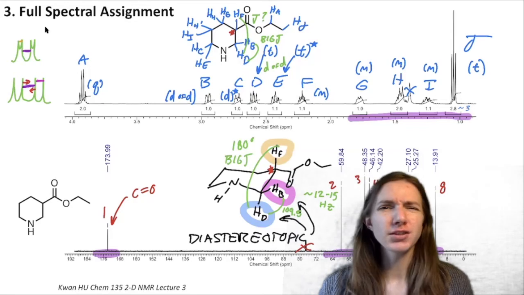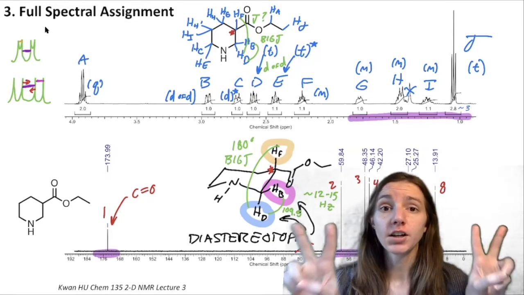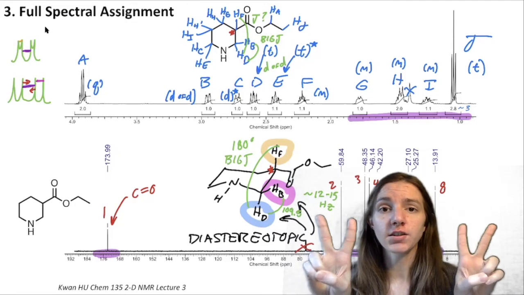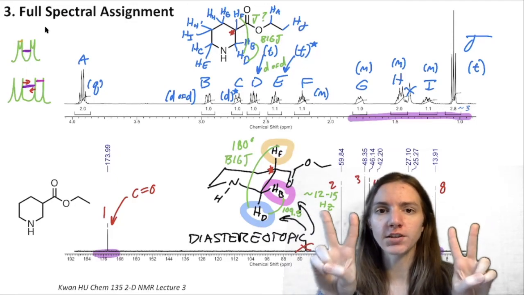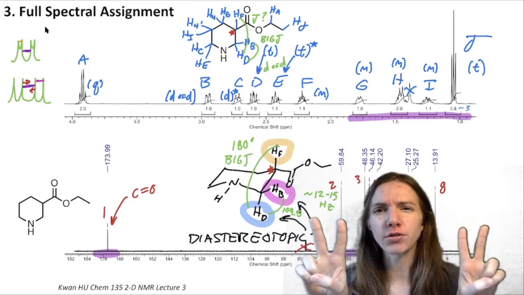Hey everyone, to show what I'm trying to explain here, I figured I'd turn the camera on for a second because it's kind of hard to show on the iPad. So what you'll need is two hands to make two peace signs to represent a doublet of doublets. And then you can move them around like what I'm trying to show you on this cartoon.